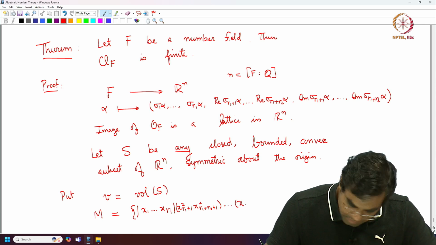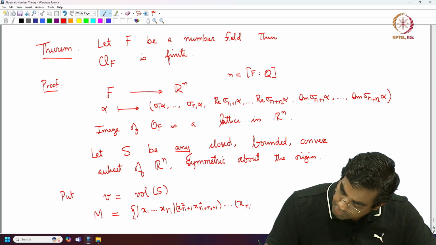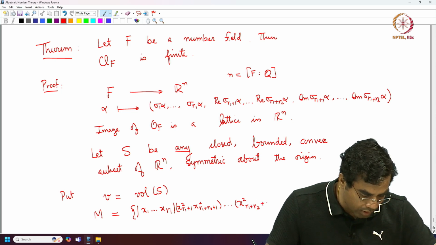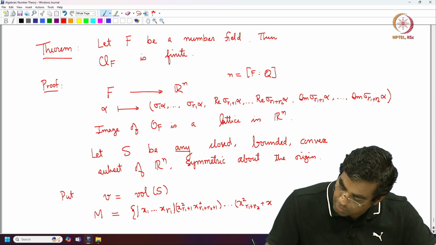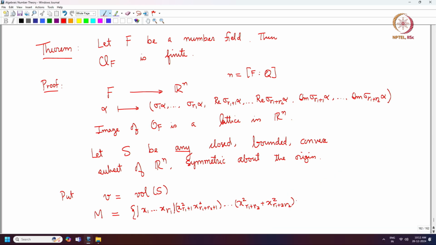So, I am taking this very complicated looking product, but this complicated looking product is what computes the norm of any algebraic element. So, this is such that x1 up to x r1 plus r2 times r2 is an element of S. Okay. So, I am taking the maximum of this product and I am calling that quantity M.